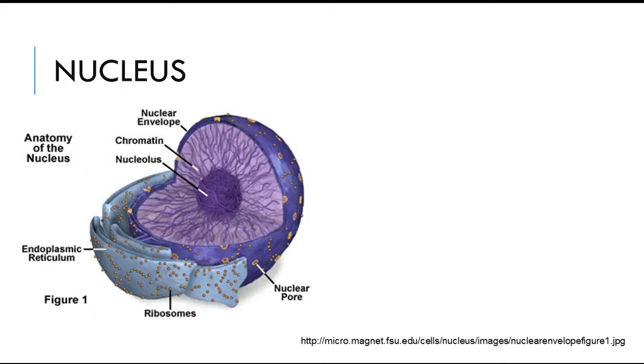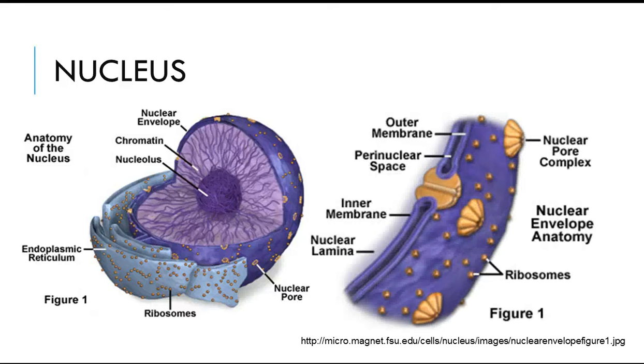And what I want to do is look at the nuclear structure in a little bit better detail. The first thing to note about the nucleus, not only is it membrane bound, it has two membranes about it. It's double membraned. The nucleus has two membranes surrounding it.